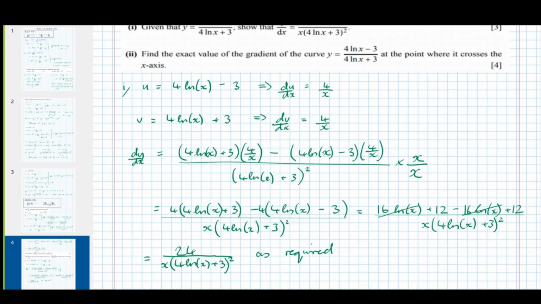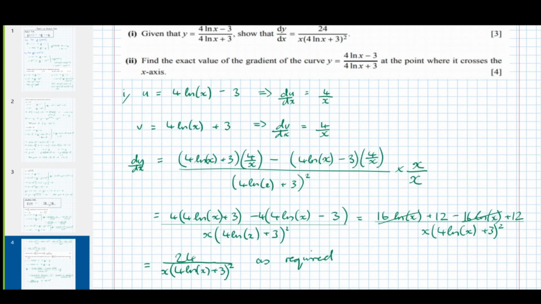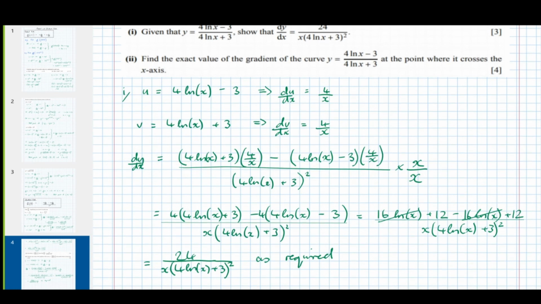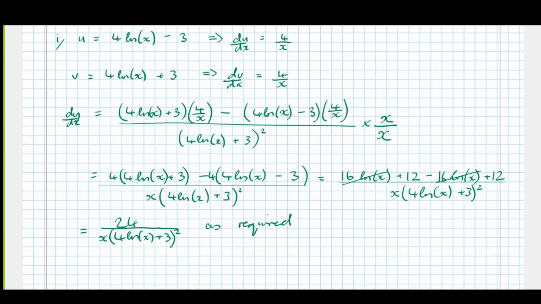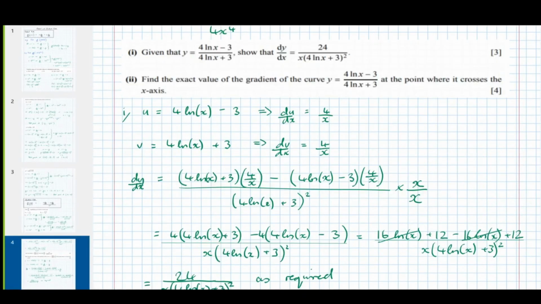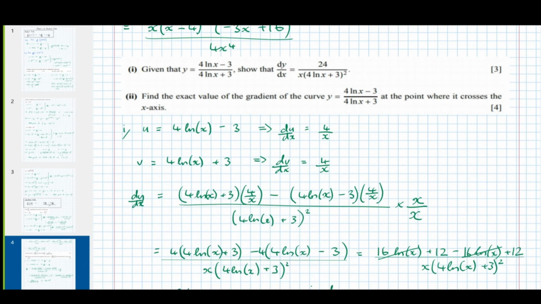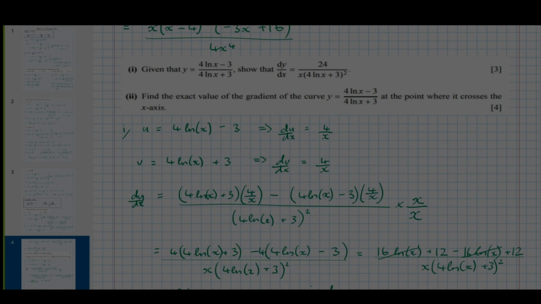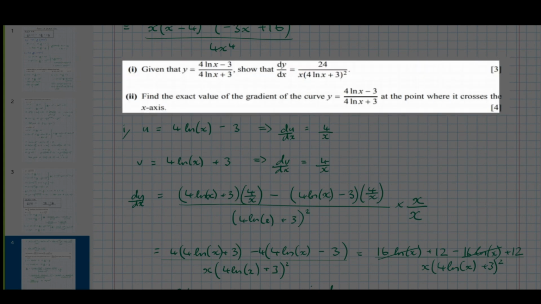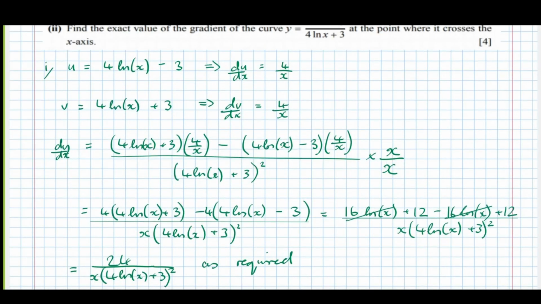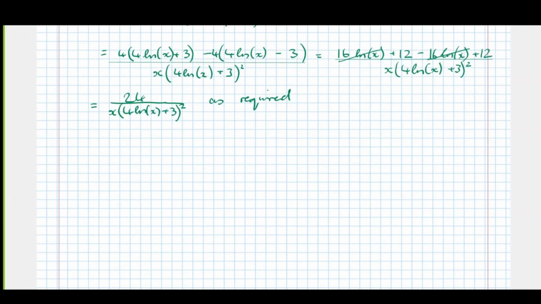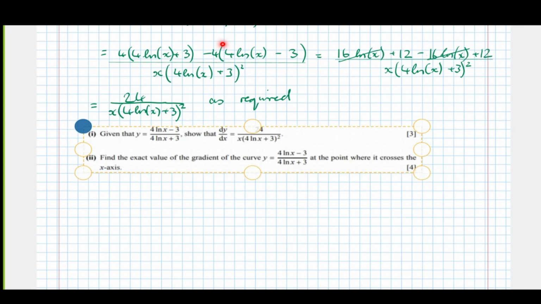Okay. So 4 log x minus 3 equals 0. I'll bring the question down just so I can see it still. So there it is there.